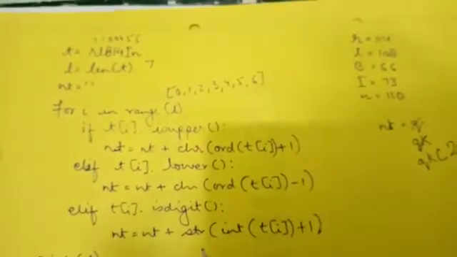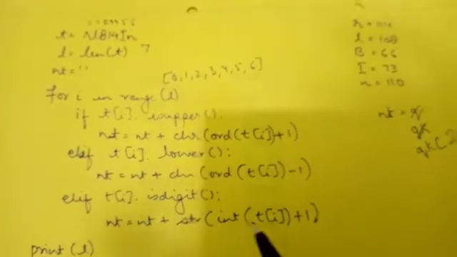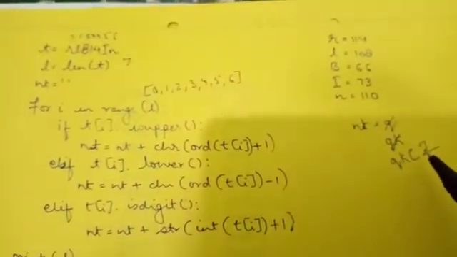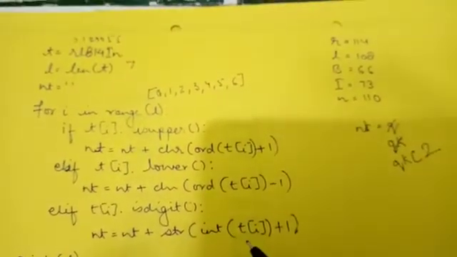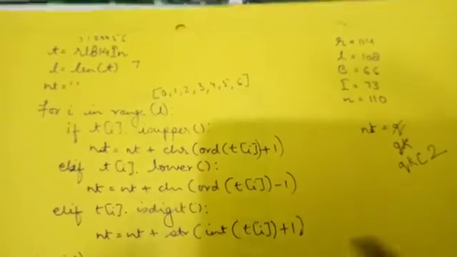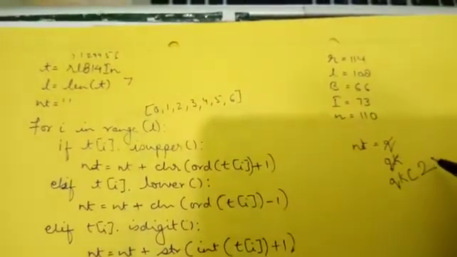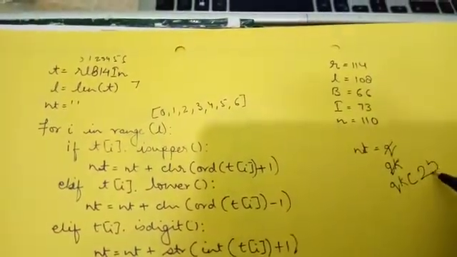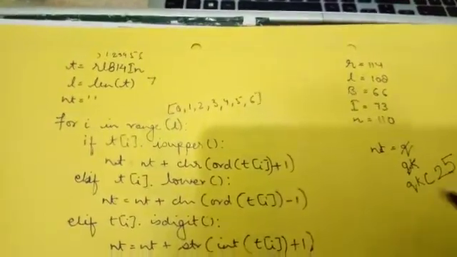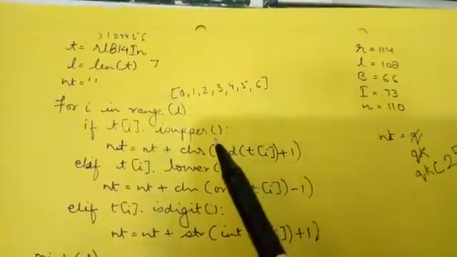Now 5 again converted into string form, so the nt is this plus 5 of the string form, okay. So it will be this plus 5, that means concatenation, it will be here. Again it will move here.